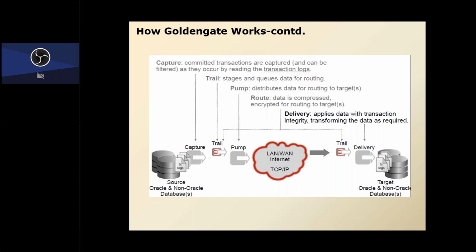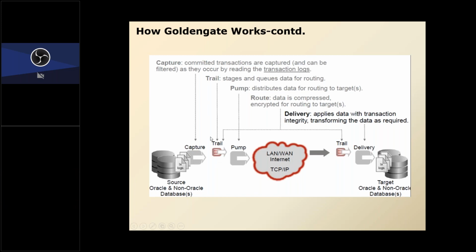Another important thing to note: the pump process sends the data over the TCP/IP network. This is the local trail because it resides on the local machine. This is the remote trail because it resides on the remote machine. However, remember that the pump process does not transfer the trail file over the TCP/IP network.